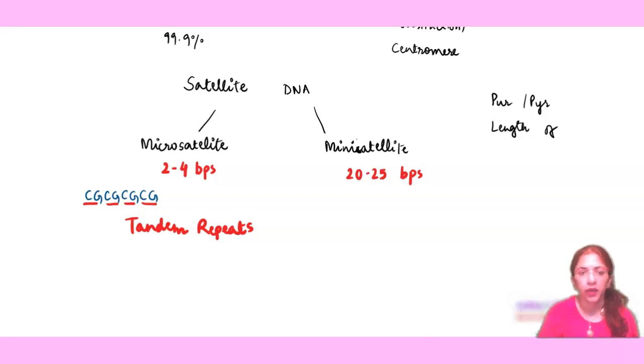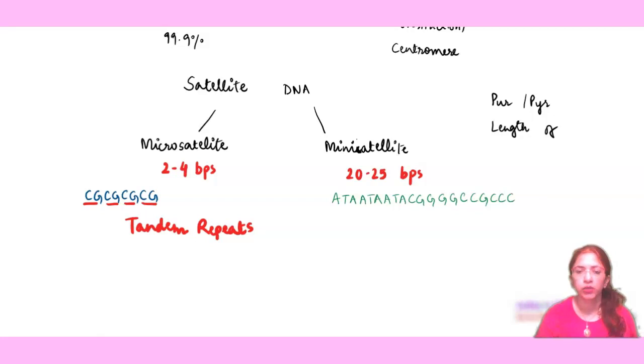Right? Now here, in the case of mini satellites, the tandem repeats will be 20 to 25 base pairs long. Let's suppose here I draw a sequence. Okay, it is ATA, ATA, ATA, CGG, GGC, CG. So here you can see till now I have made 17 nucleotides.